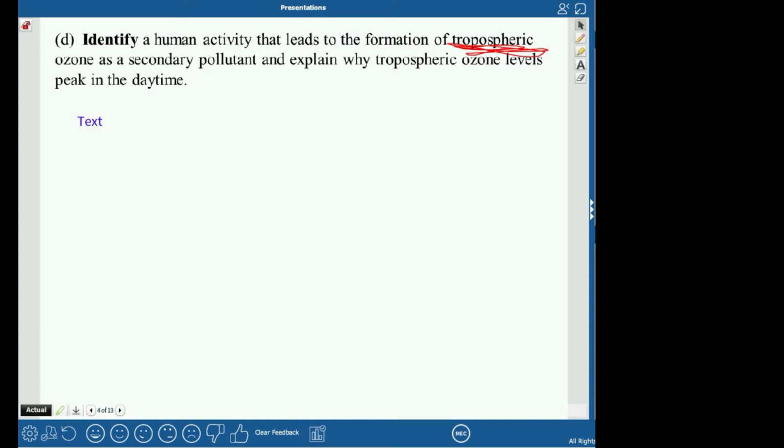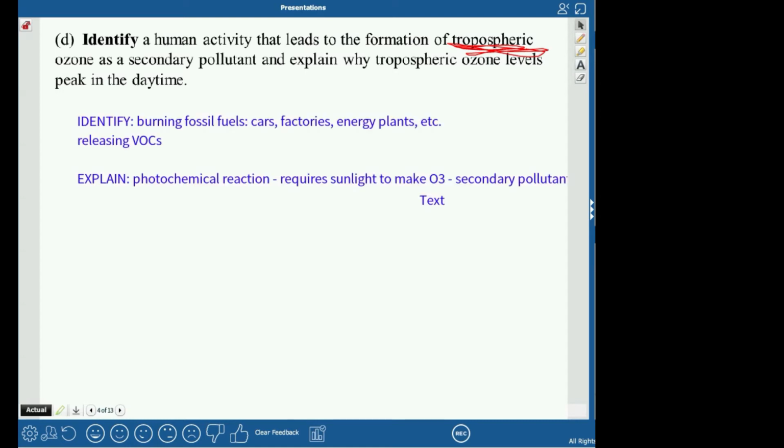So tropospheric ozone requires sunlight to be created. That's why they consider it a secondary pollutant, because it's not actually released, but things that are released from burning fossil fuels then react with sunlight to make ozone, and so they consider it a secondary pollutant.